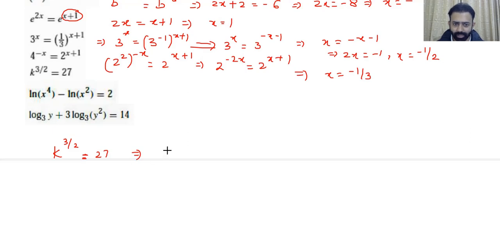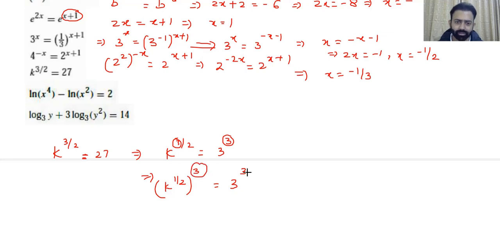Meaning k raised to power 3 by 2 is equal to 3 cube. Now 3 is in the exponent of the RHS. 3 is involved in the exponent of the LHS also. So if I write this as k raised to power 1 by 2 raised to power 3, I have made the exponent on the LHS as 3, and in the RHS also it is 3 cube.